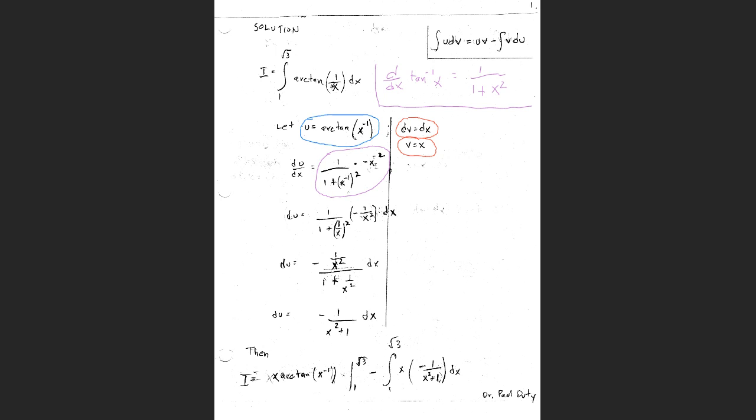So the derivative of the arctangent of x to the negative first would be equal to this expression. But then, your outer function is the arctangent. The inner function is x to the negative first. The derivative of x to the negative first is right here, negative x to the negative second power. Okay, and it's kind of complicated, that right-hand side. So I'm going to now unwrap the exponents and write those terms as fractions.